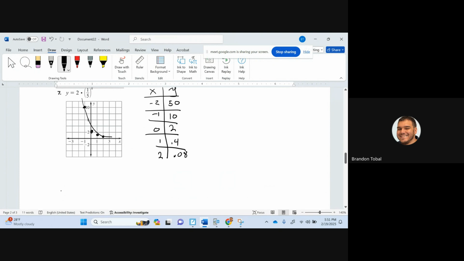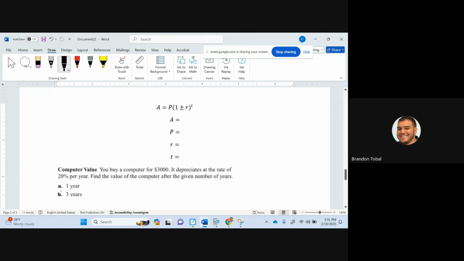All right, last one is the word problems. Whether you like it or not, you've got to take the word problems. So A is your final amount. P is your principal amount, so that's your starting amount. R is your rate. Keep in mind that you have to change it to a decimal. And T is time.